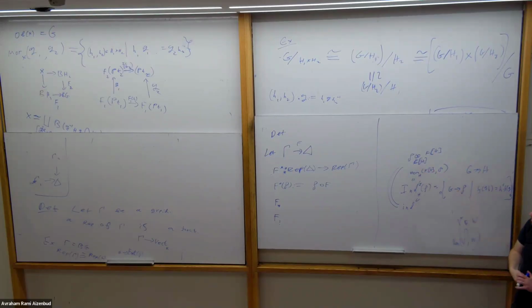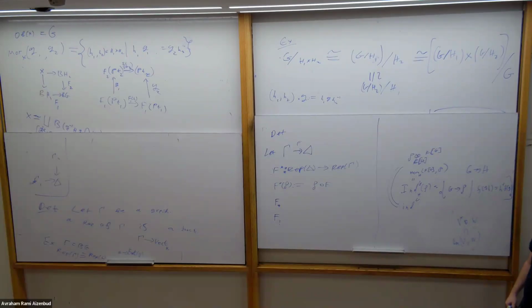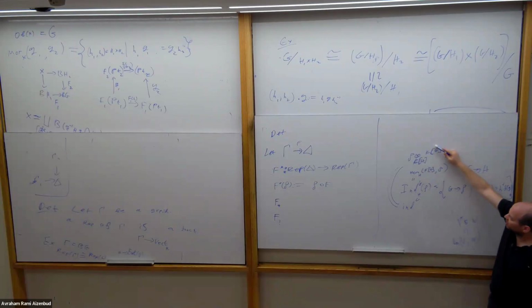So you have an embedding like this. It's not self-dual, but you have an embedding from K of G to the dual space, and then the same with the star here, and then it's embedded here.